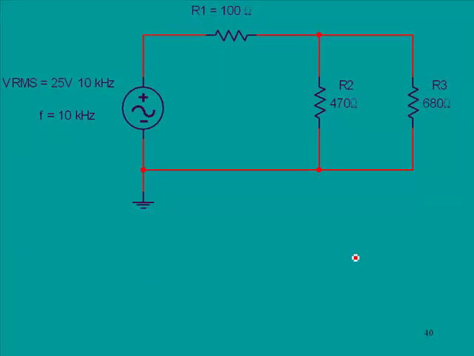Okay, given the same circuit and doing the average, again, I'm not going to do all of them. First of all, let's talk about what the average is. Remember from a previous discussion, the average value is going to be 0.637 times the peak. In this case, this is the circuit we initially started with, 25 volts.